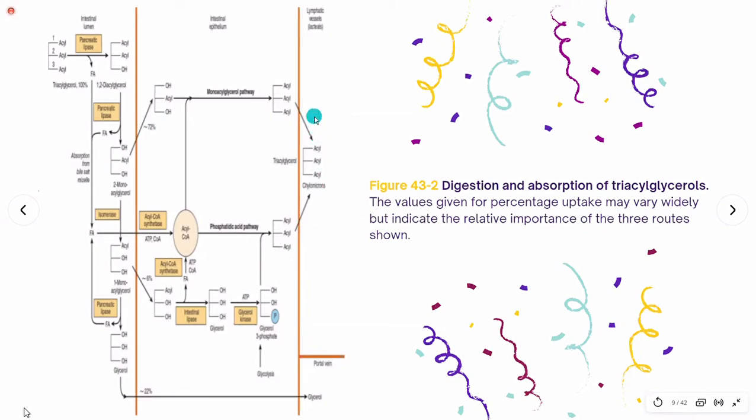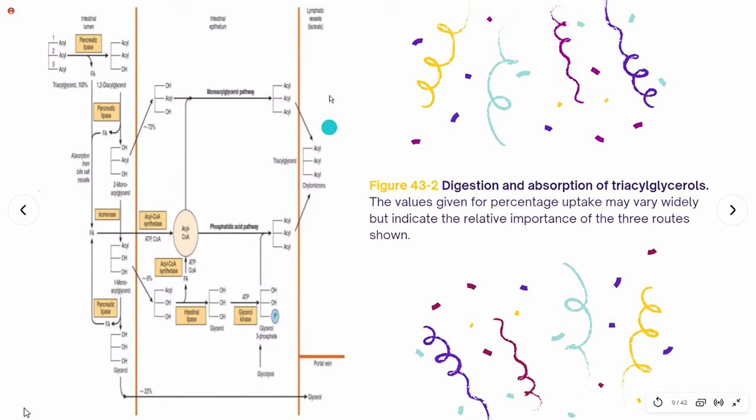And these lymphatic vessels in the small intestine, because there are many of them, coalesce together to become a bigger duct. And we call this duct the thoracic duct.